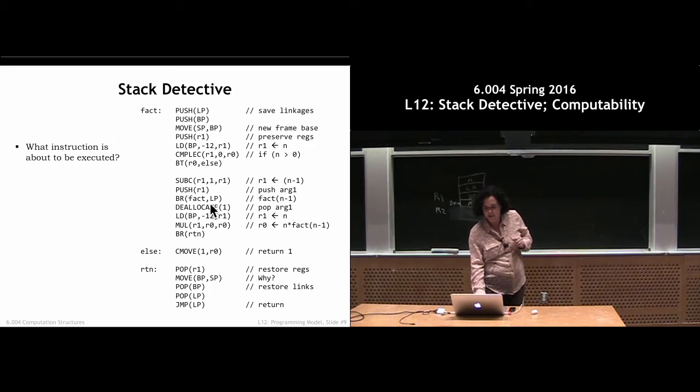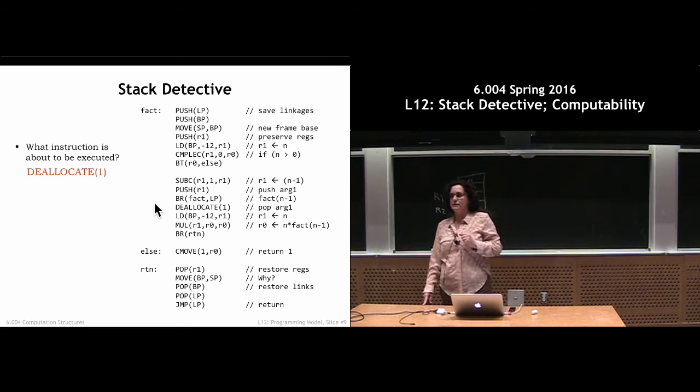So if I go back to my program, what I know is that this instruction immediately following my branch is at address 0x40, which means that the instruction that I'm currently at is the deallocate 1 instruction. Okay, everybody clear on how you figure that out? Good.